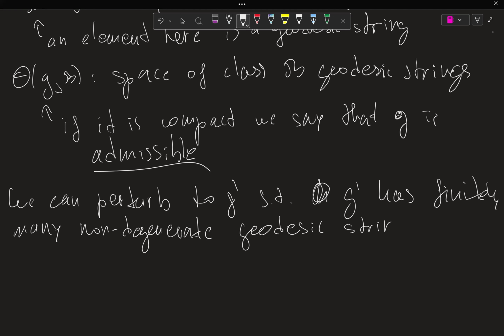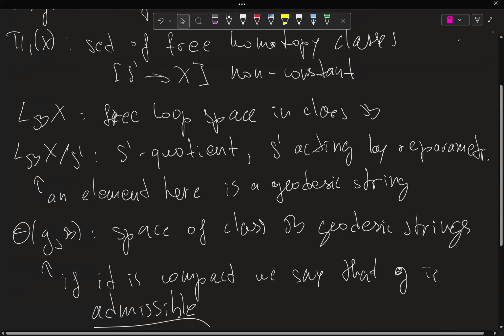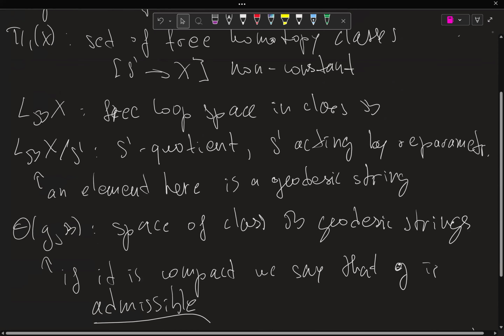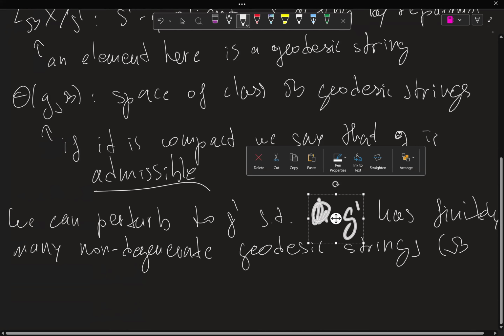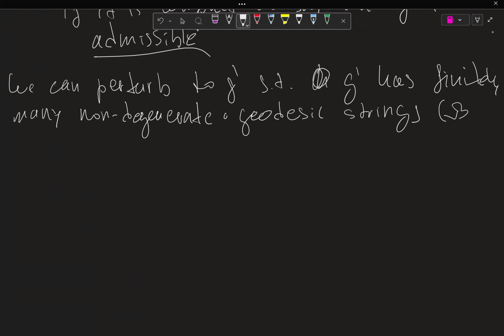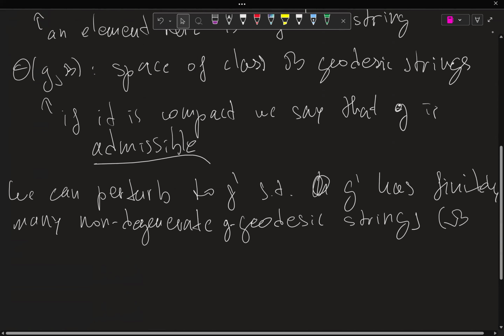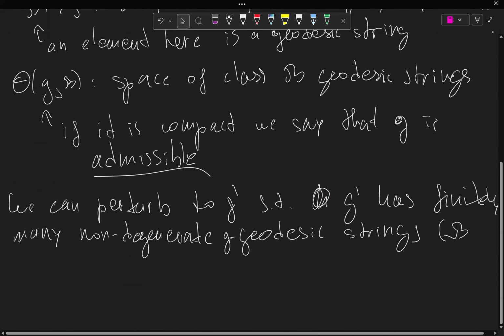Quick question: does the metric show up in the definition of the free loop space in class β? No, this is just the regular free loop space. It shows up here, so I should say G geodesic strings, the space of G geodesic strings.